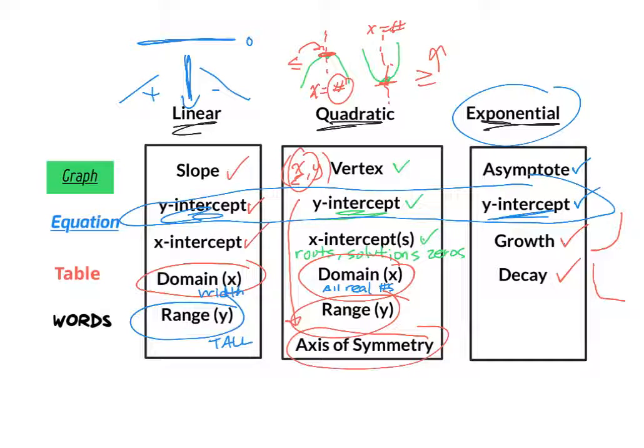Okay, and you got to be able to identify all of these different features. I think it's 15 of these things, or so. 14, yeah, 15 of these things. All 15 from all four of these representations. A graph. Okay, a graph. You got to get it from an equation. You got to get it from a table, and you got to know how to identify all of these in words.